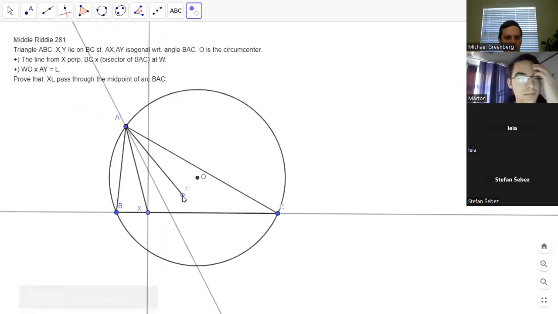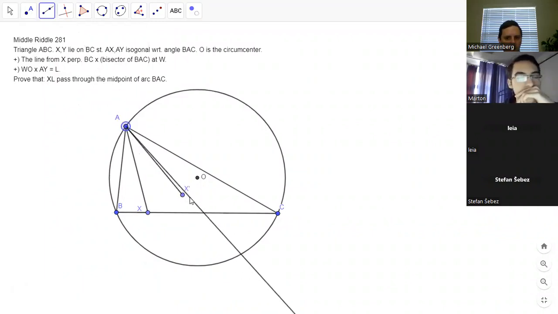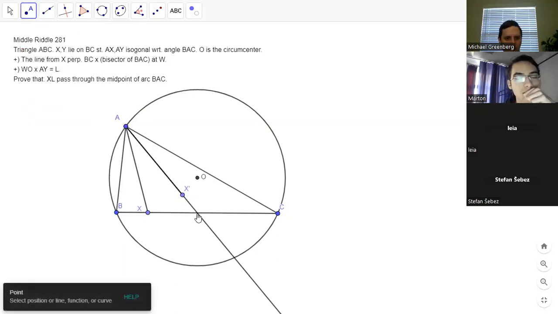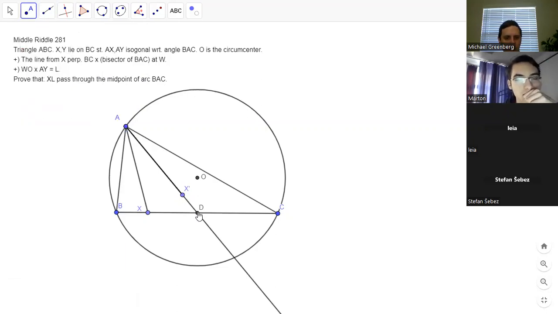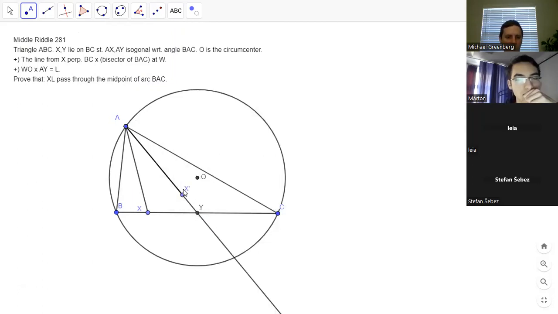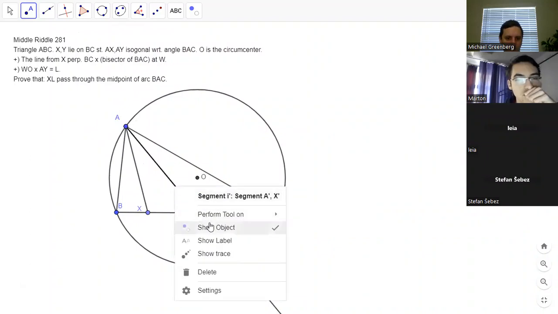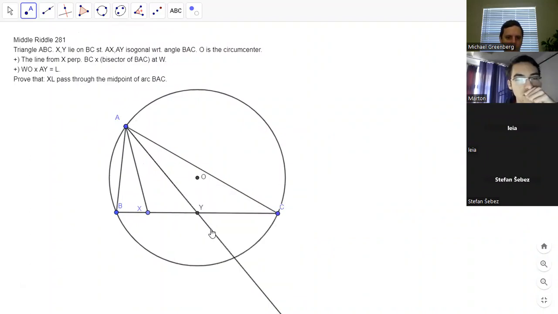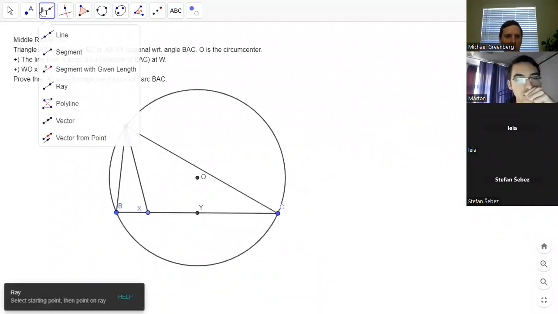This is X prime, and we have this ray. And then we've drawn the segment twice.